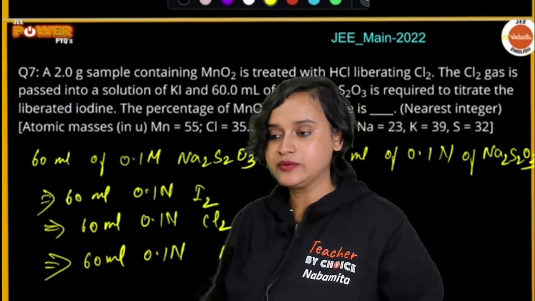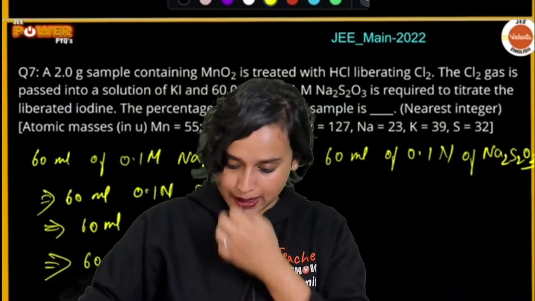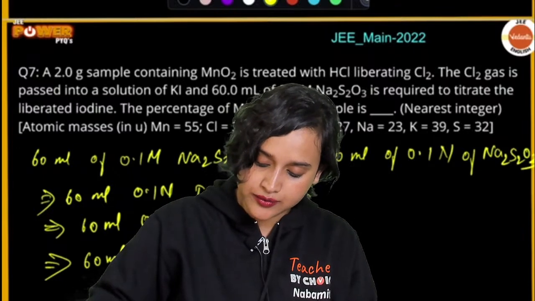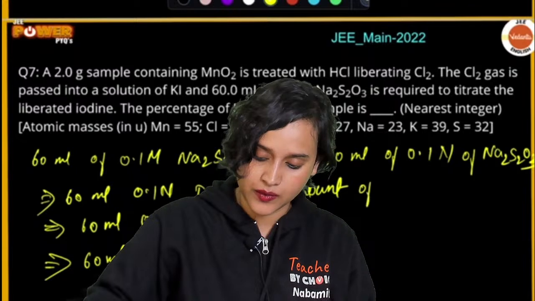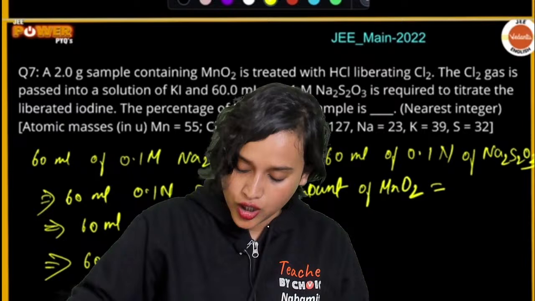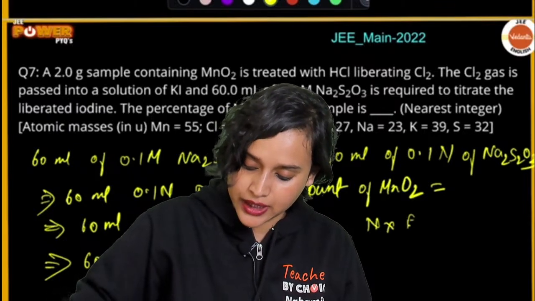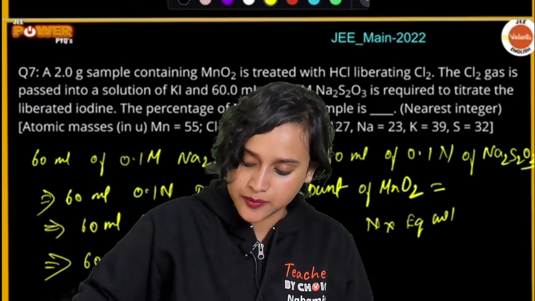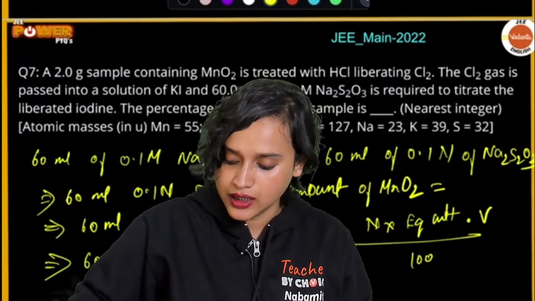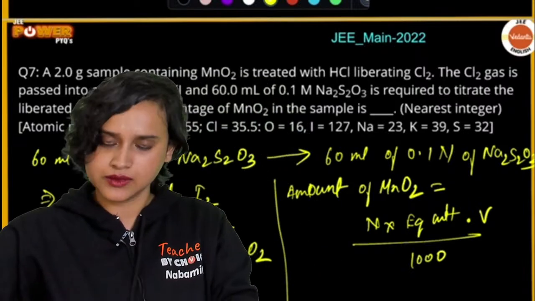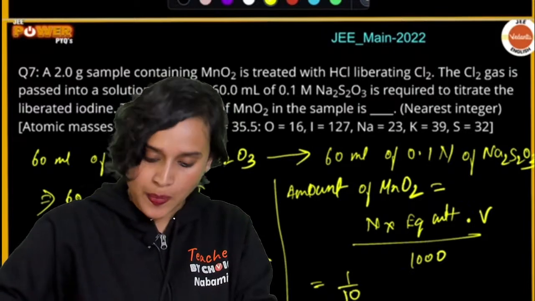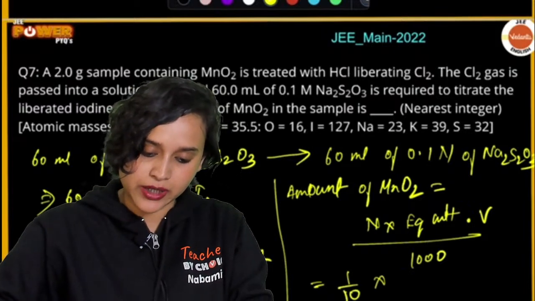That means the amount of MnO2 is equal to normal multiplied with equivalent weight multiplied with volume divided by 1000. Now normal is 0.1, so 1 by 10 multiplied with the equivalent weight.